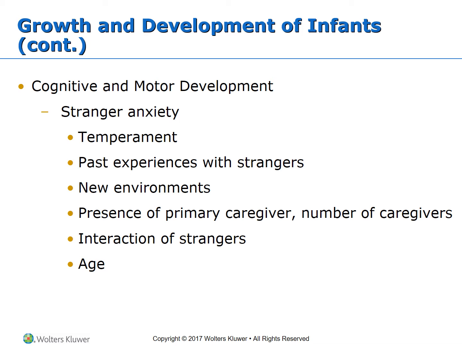They will tolerate the unknown if their primary caregivers are present, or the number of caregivers. If cared for by a number of caregivers, they're usually able to tolerate a wider circle of people. Interaction of strangers. They can be sensitive to strangers, verbal and nonverbal behaviors. And with age, they can discriminate more effectively between threatening and non-threatening environments.